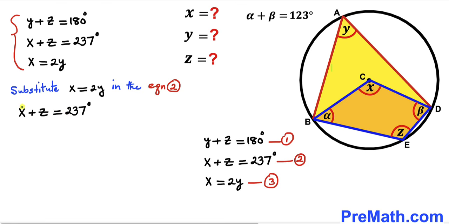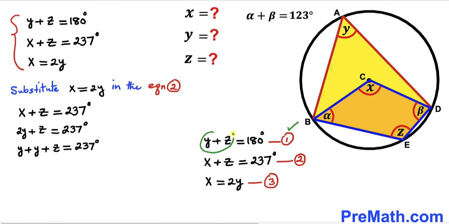Replacing X with 2Y, we get 2Y plus Z equals 237 degrees. Now 2Y can be written as Y plus Y, so we can rewrite this equation as Y plus Z equals 237 degrees.